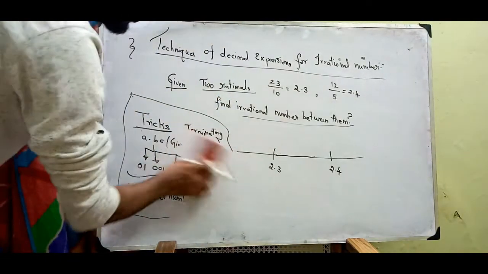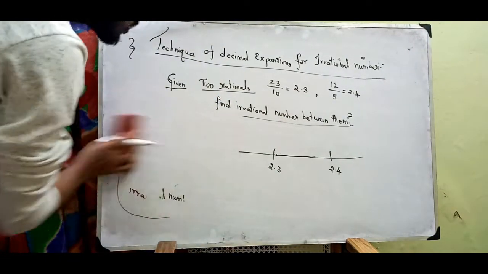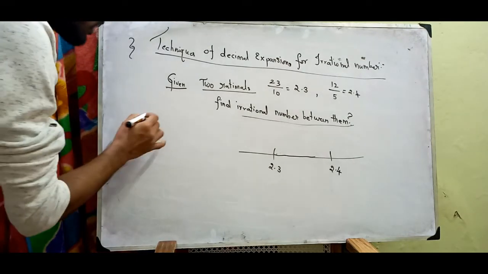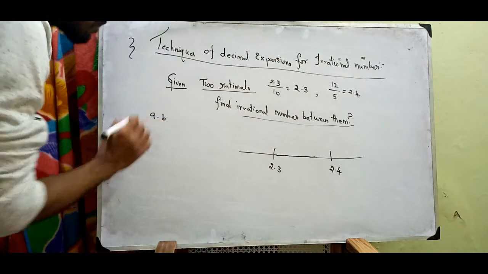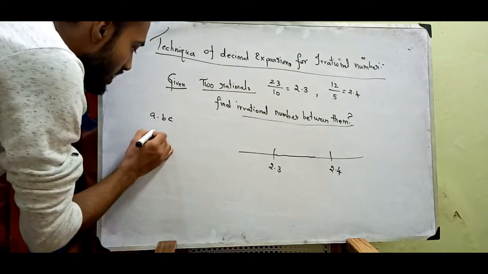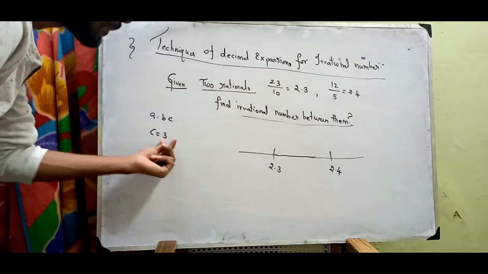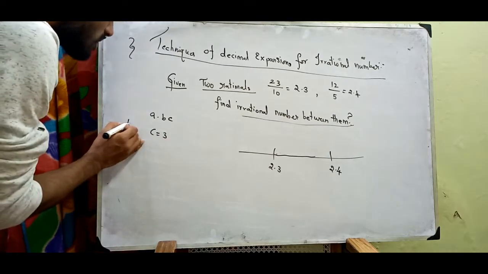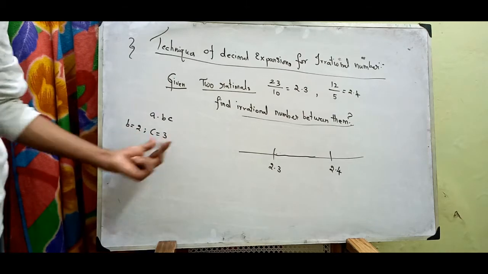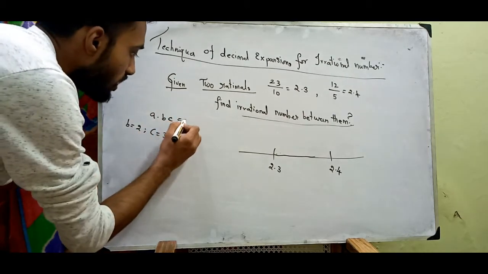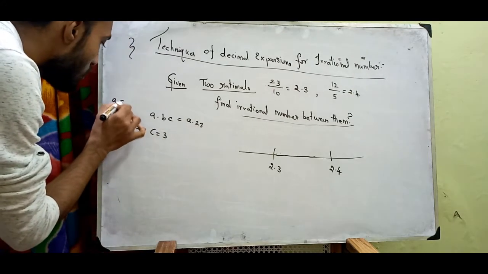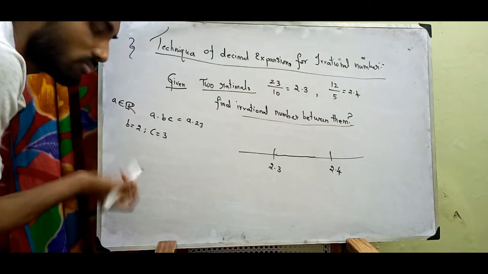One of the tricks is like this, and another trick is, if the given terminating rational is A point B C, suppose C is equal to 3 and B is equal to 2. Then we can have A.23, where A is some real number, whatever that is.